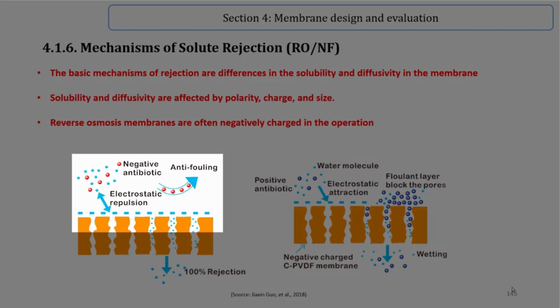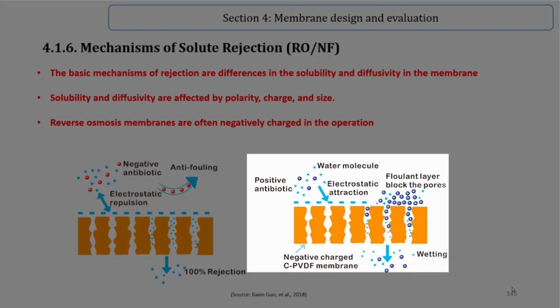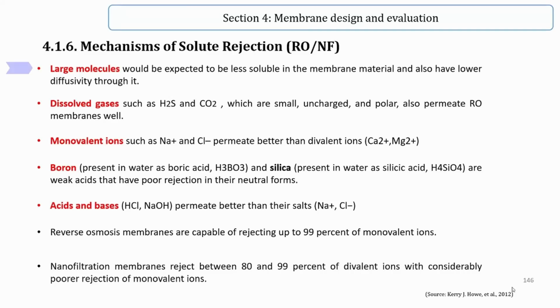Negatively charged ions may be rejected at the membrane surface due to the electrostatic repulsion, and positively charged ions may be rejected to maintain electroneutrality in the feed and permeate solution. Large molecules would be expected to be less soluble in the membrane material and also have lower diffusivity through it.